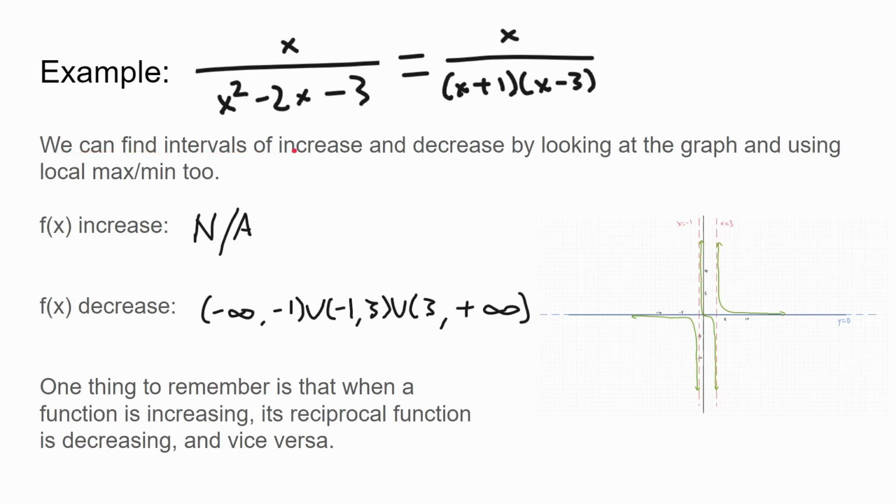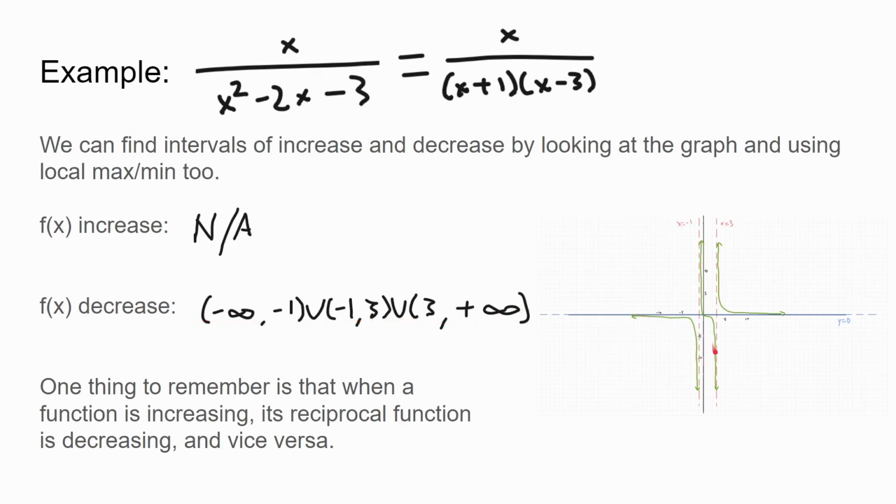We can find the intervals of increase and decrease by looking at the graph and using local max and min too. As I mentioned before, the graph is constantly decreasing. So there is no increase, it never increases. So N/A, not applicable, there is no f of x increasing. But f of x decreasing, there is.